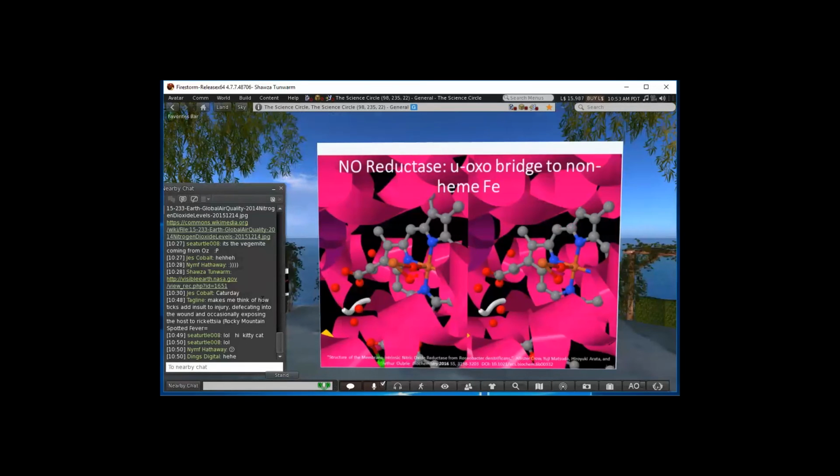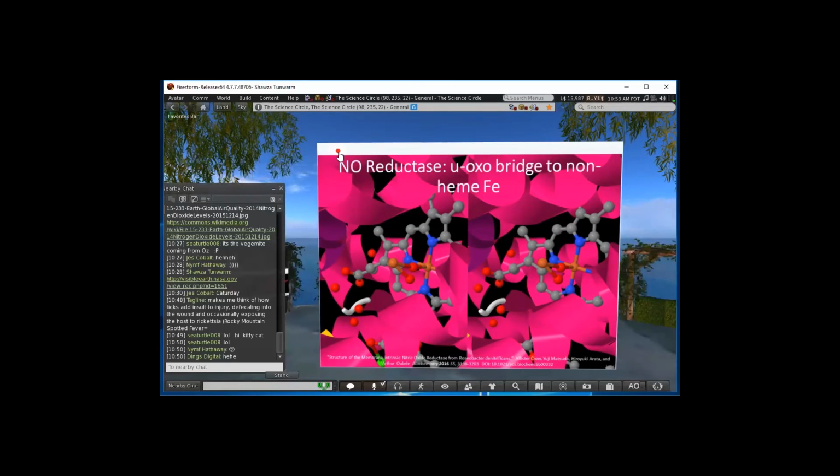So here's the heme unit. I've given you one of those cross-eyed stereo views, and essentially there's an iron, an O, and an iron, and those 3 atoms are pretty much in a straight line.